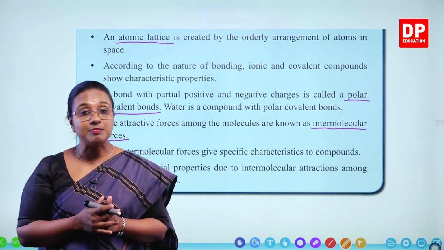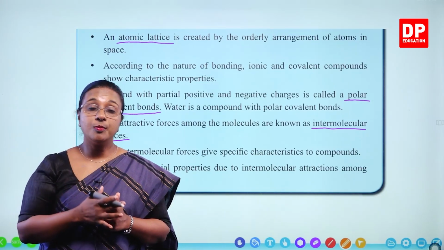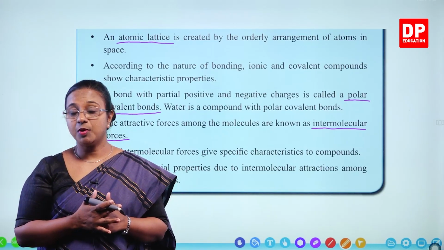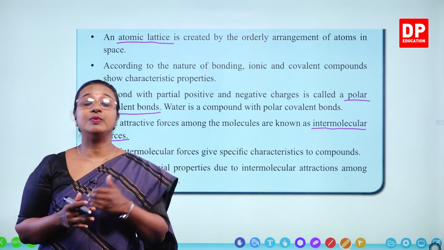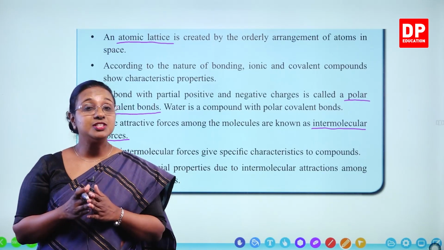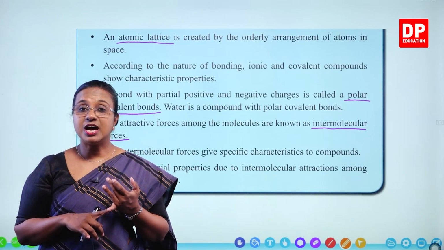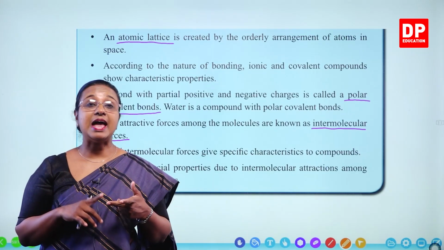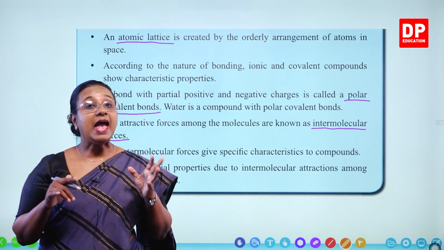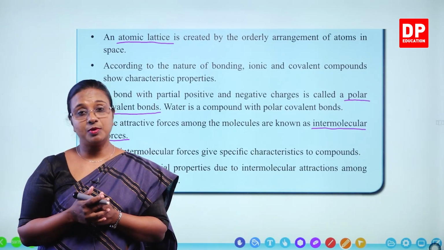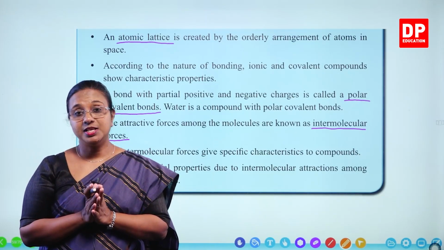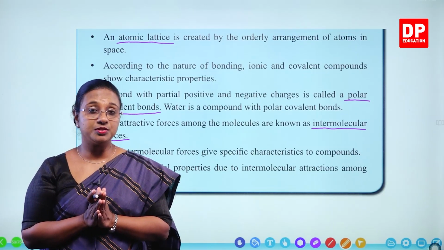Thereafter the covalent bonds, under that homoatomic molecules, heteroatomic molecules, single, double and triple bonds, and also we learned to write the different structures: Lewis dot cross diagram, Lewis dot diagram and the Lewis structure. And then we discussed atomic lattices, intermolecular bonds and the properties of ionic and covalent compounds.